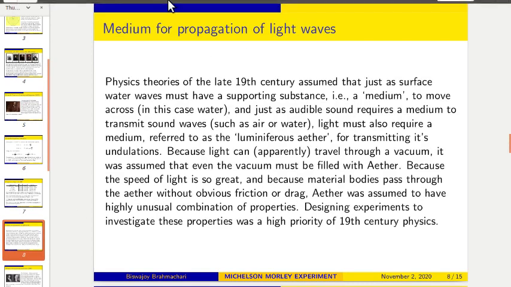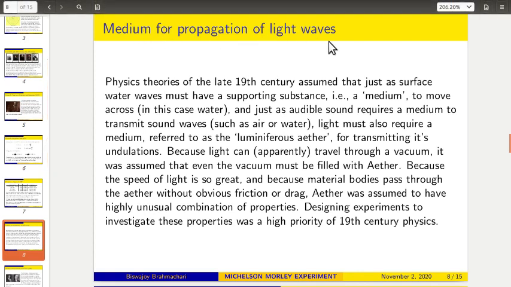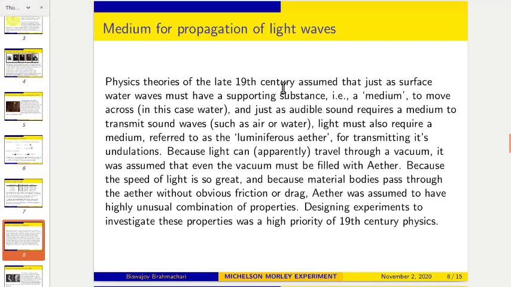Next, medium for propagation of light waves. Physics theories of the late 19th century. This I have taken from Wikipedia. Physics theories of the late 19th century assume that just as surface water waves, that means water waves on the surface of water bodies, must have a supporting substance, because the water waves are propagating in a medium, and that medium is water.